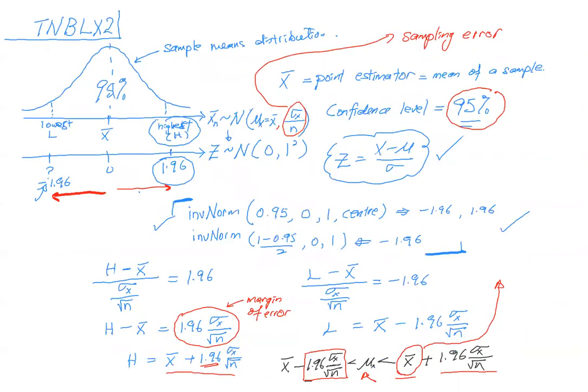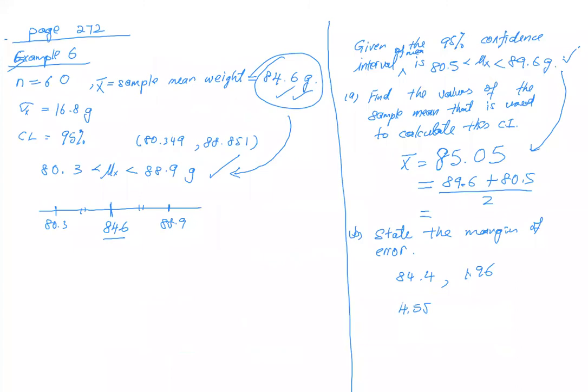I told you this is the margin of error, right? So from here to here is the margin of error. So this part is equal to this part. So you tell me, if I give you the confidence interval, how to find the margin of error? Thanks, Shani.